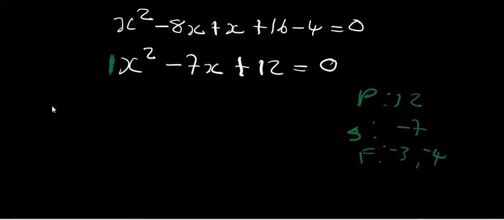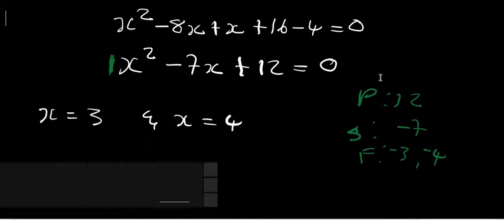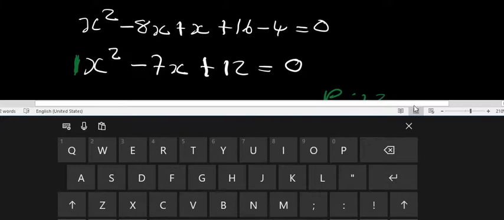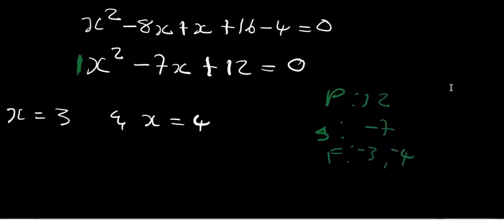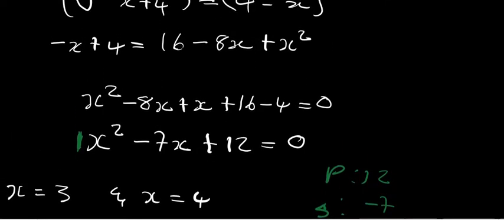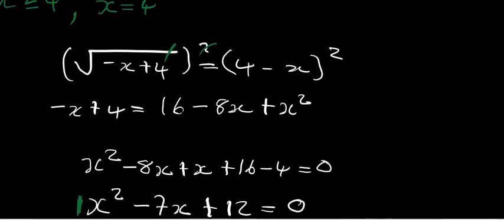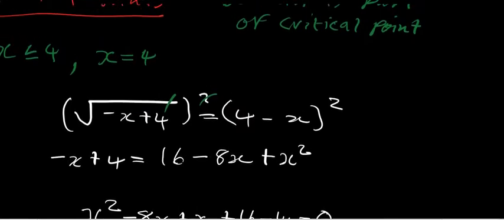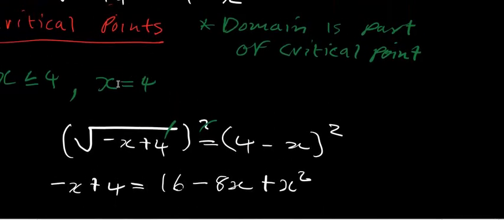So you're going to find that x will be equal to 3, and again x will be equal to what? 4. So if you observe, when we were up there, you're going to discover that one of the critical points was what? x is equal to 4, which was coming from the domain.